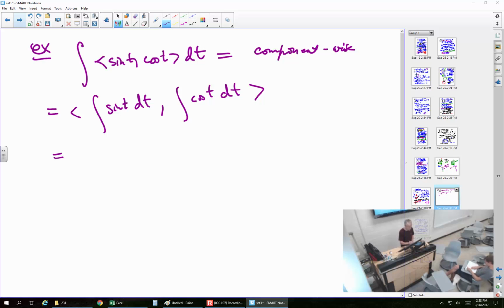We will have the integral of sine, negative cosine. Integral of cosine is sine. Well, what's missing? Plus C. Is this right?